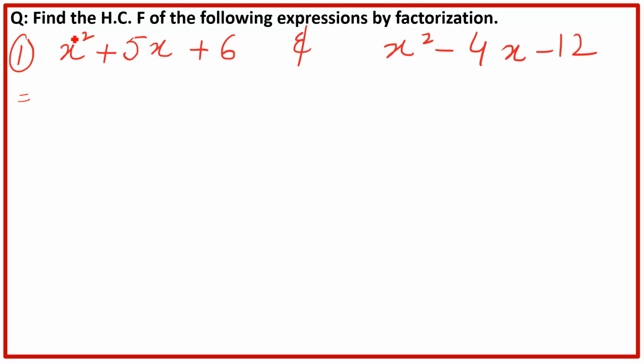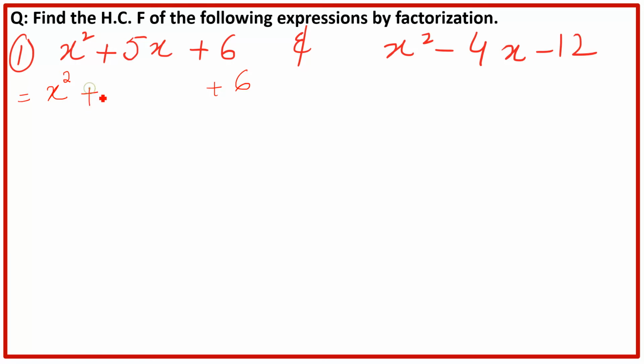Can you make the square of the first and the last term? No, we cannot. Only we can make the square of the first term but not the last term. So the third step is write down the first term as it is and the last term as it is. So it is 6x square.